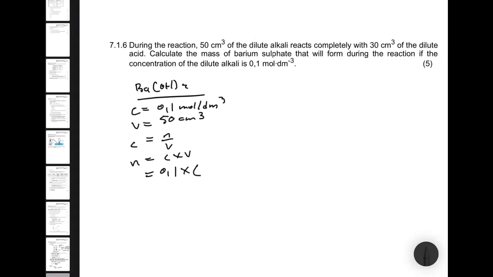But we deal with dm³. So here we're going to have 50 divided by 1,000. So we basically have 5 divided by 100, which will be 0.005 moles, right?